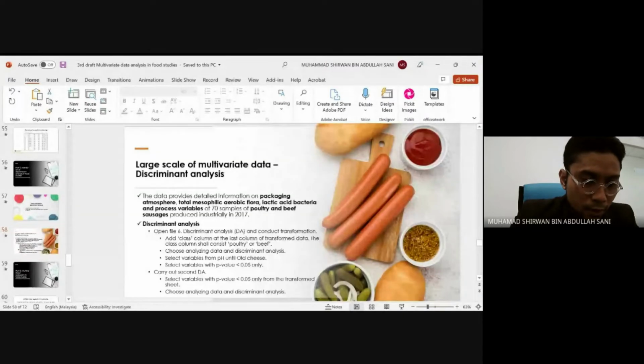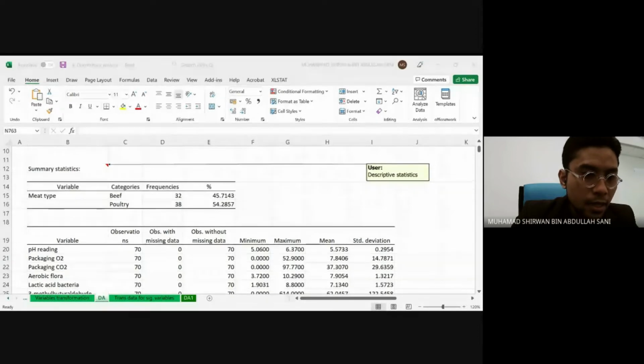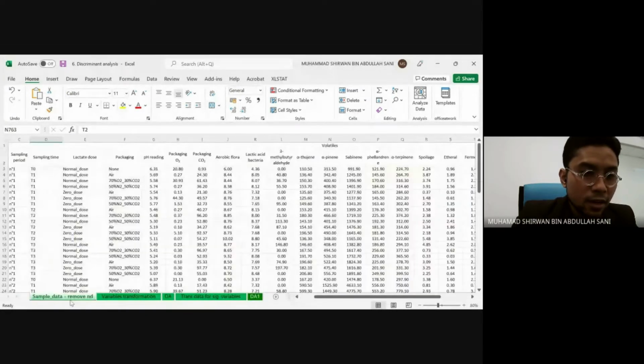We go back to our Excel. Okay, so this one I have opened up, the data. So what do we want to do? First, add class, conduct transformation first. This is the original data. The first sheet is sample data minus ND.